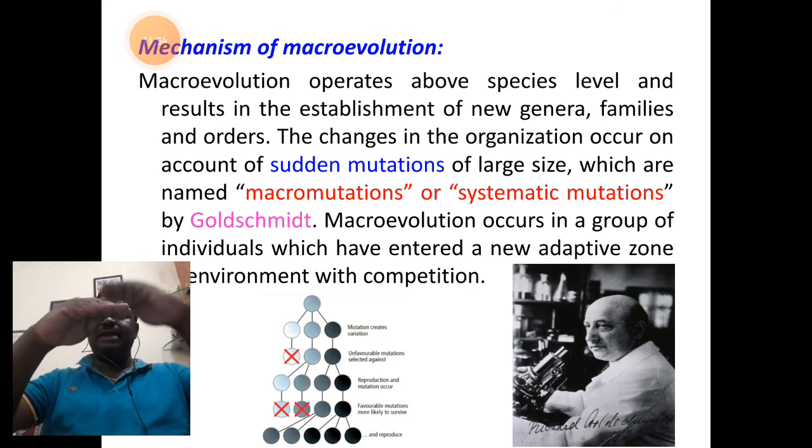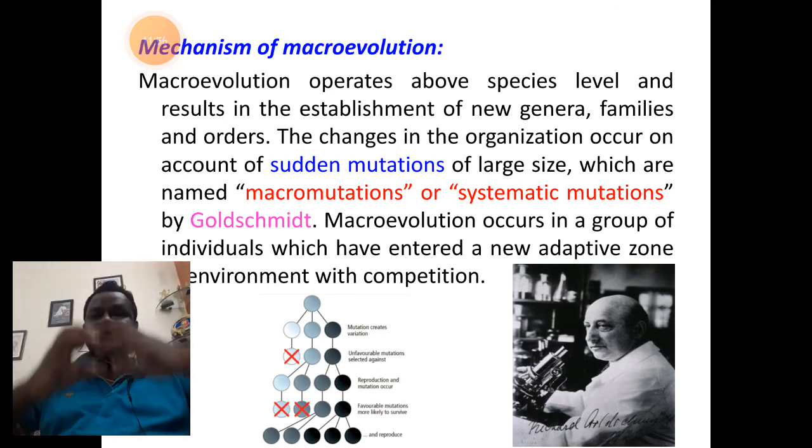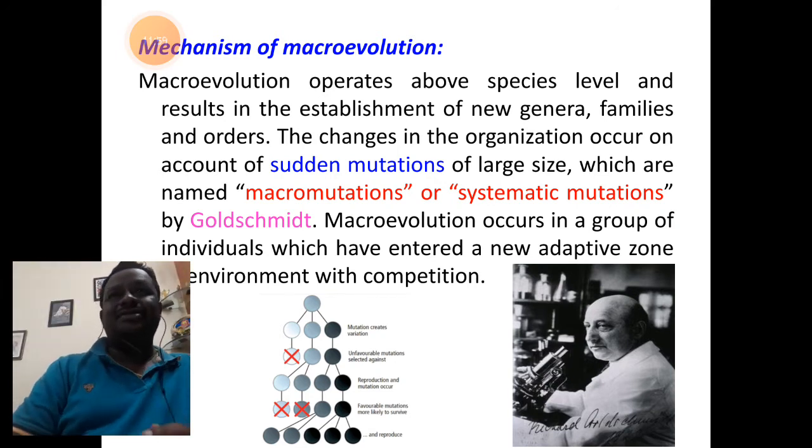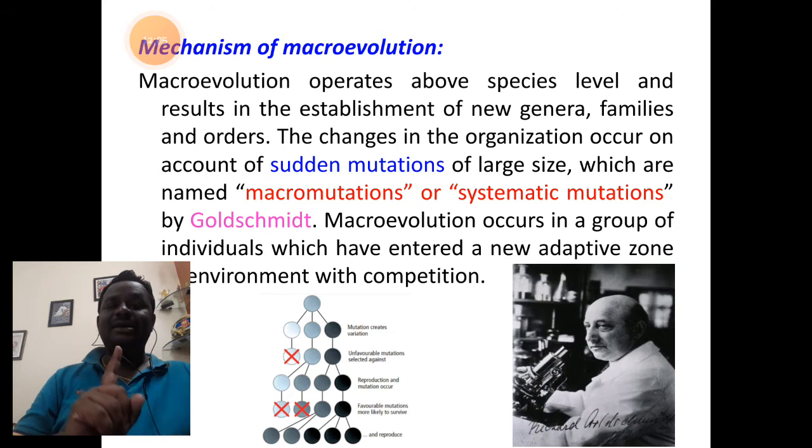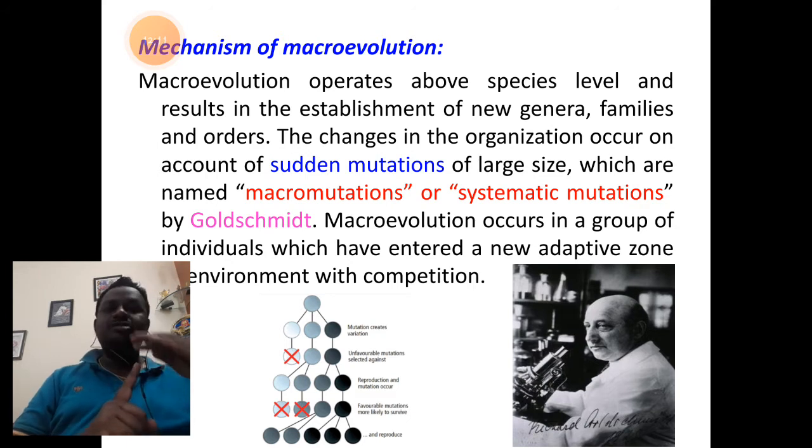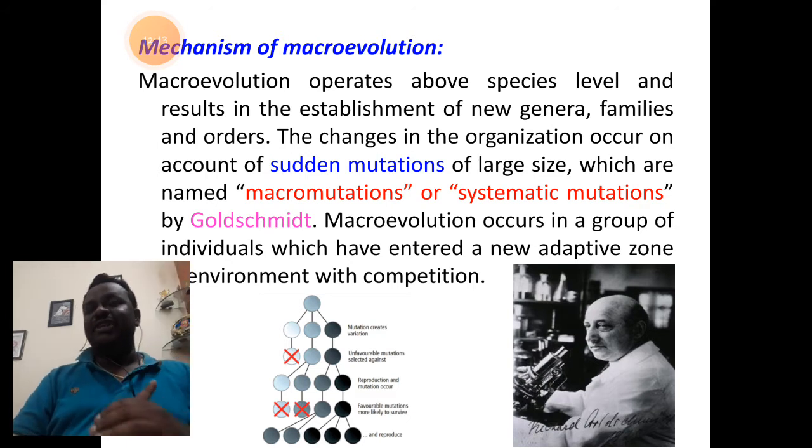Like this, stepwise, there is change of characters encountered by the organisms at different environments. Number one is it occurs at the individual level or at the species level. Then slowly it moves from one level to the other level of hierarchy.